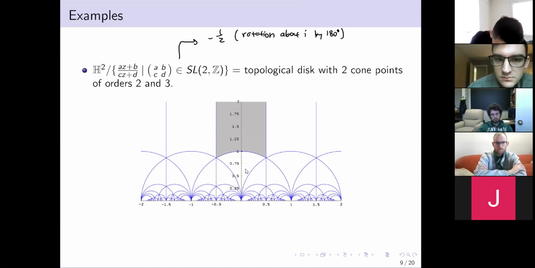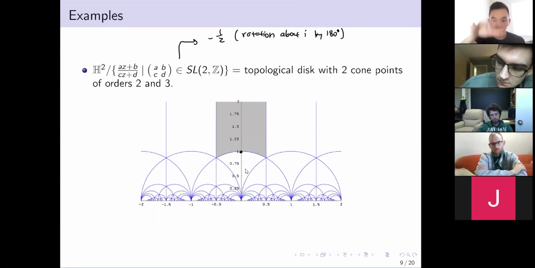So this is i over here. And then it basically maps everything outside the semicircle passing through this, anything above it, to below. So up and down here. If you look at this gray region over here, this gray region is going to get mapped to this triangular bit.